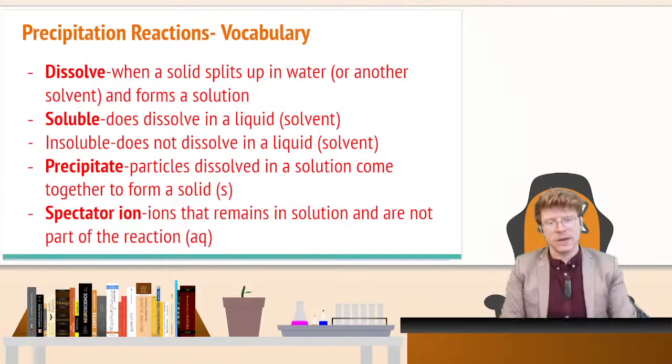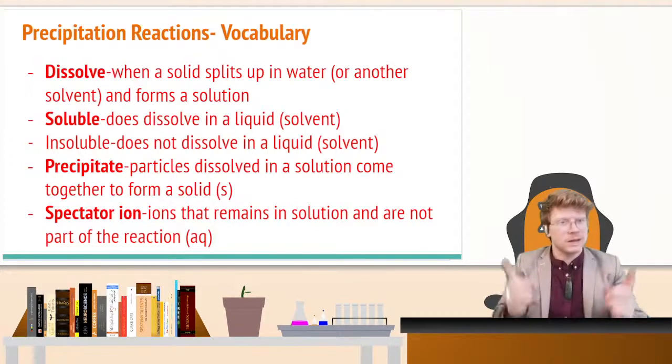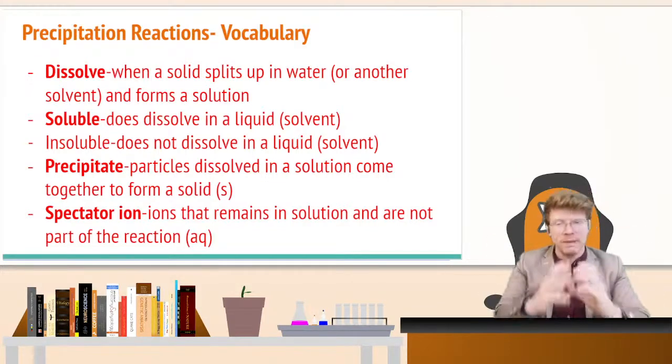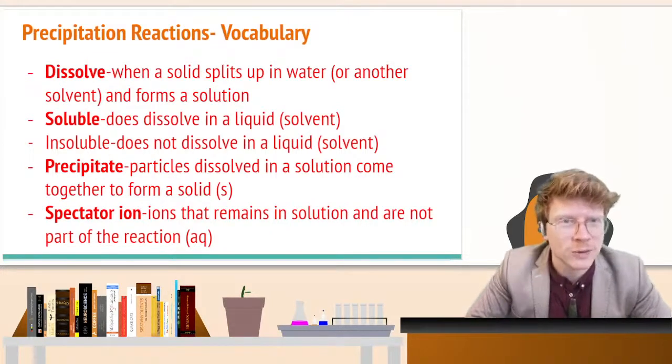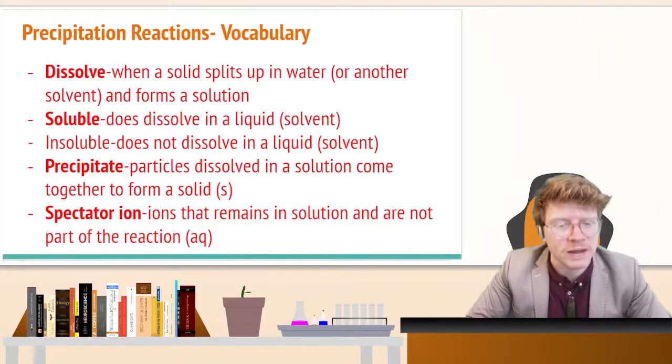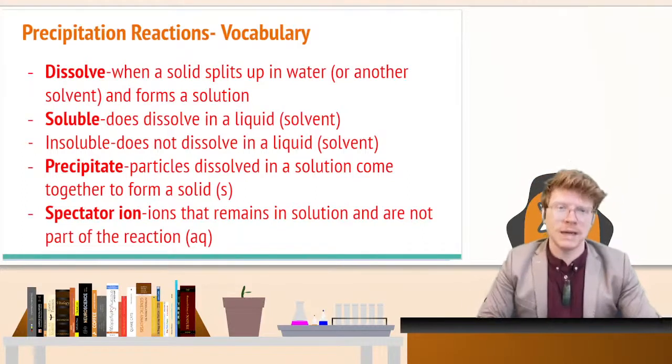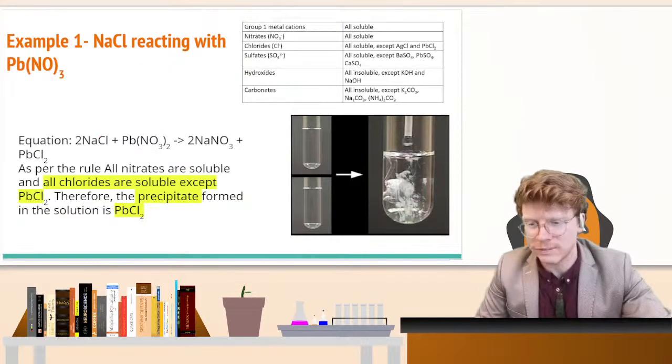Precipitates are the solids that fall out of solution. That happens when you have two ions that essentially are more attracted to each other than the water is able to go in there and stop them. So they form these solids and fall out of solution. Spectator ions we just talked about. Those are those lovely observers that do not participate in the reaction. They are aqueous, meaning that they sit in the water watching.